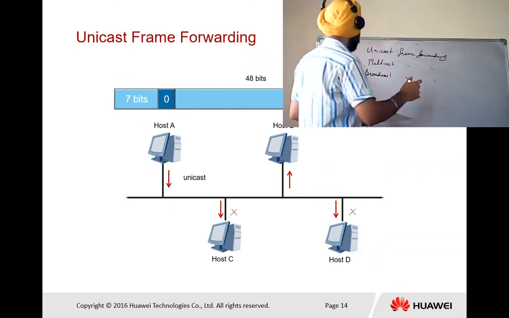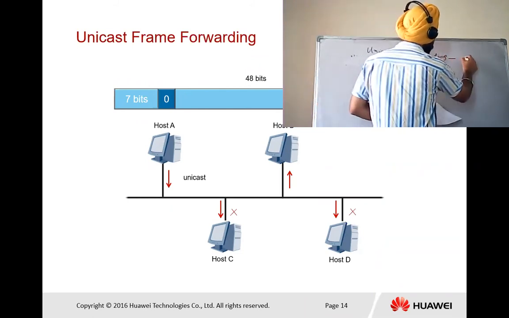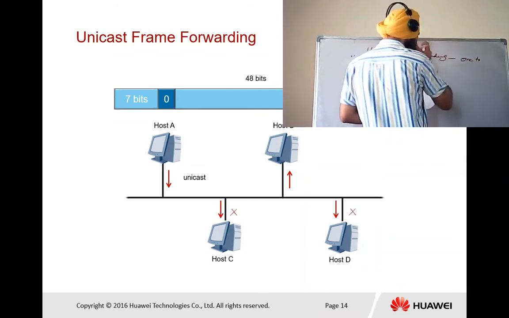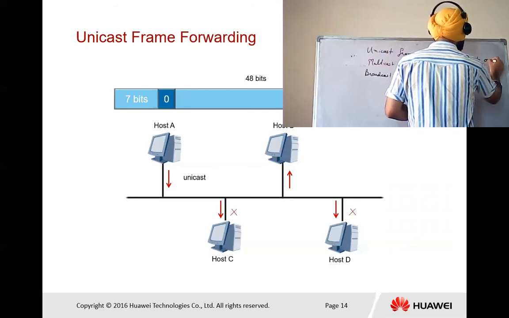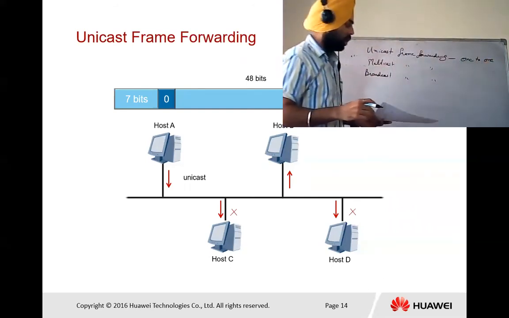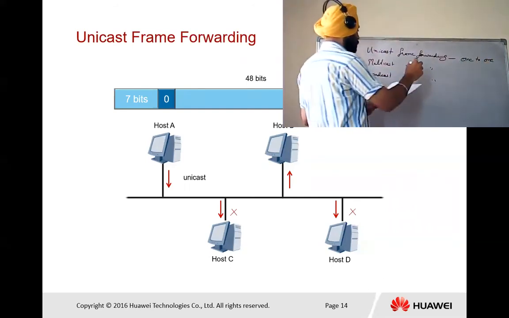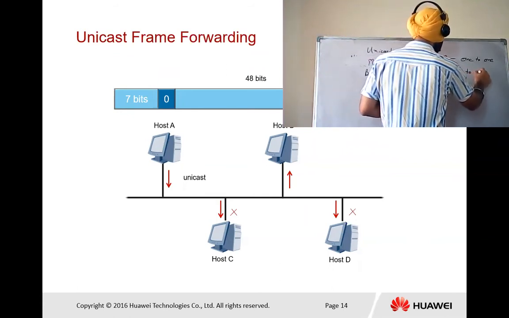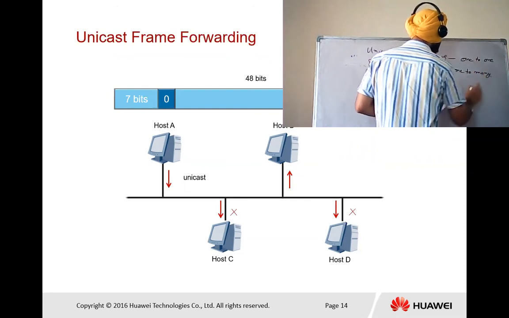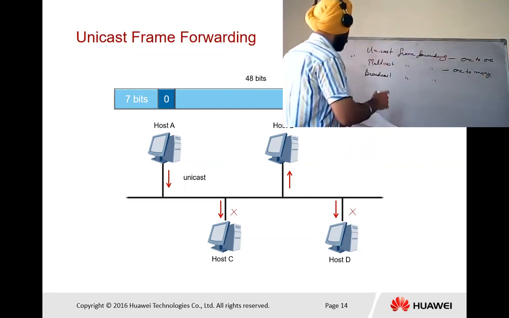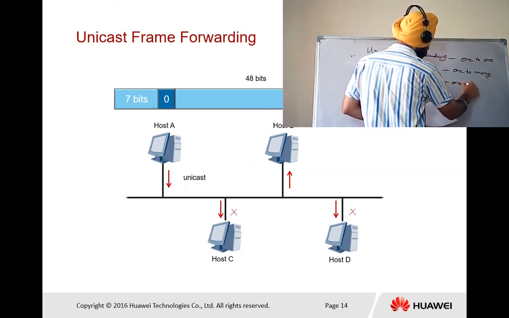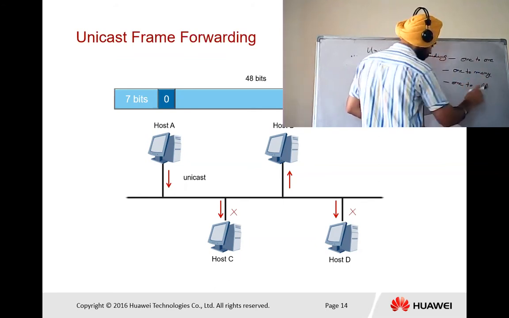When we are talking about unicast, that means one-to-one communication. When we are talking about multicast, it is one to many. When we are talking about broadcast, it means one to all.